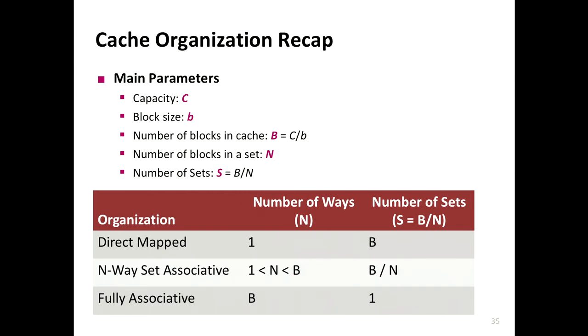And of course, fully associative is where you can store your data in the cache in any of the given ways, so your number of ways is equal to the number of blocks, and there's only one set. So this is the comparison between blocks, sets and ways. Okay?